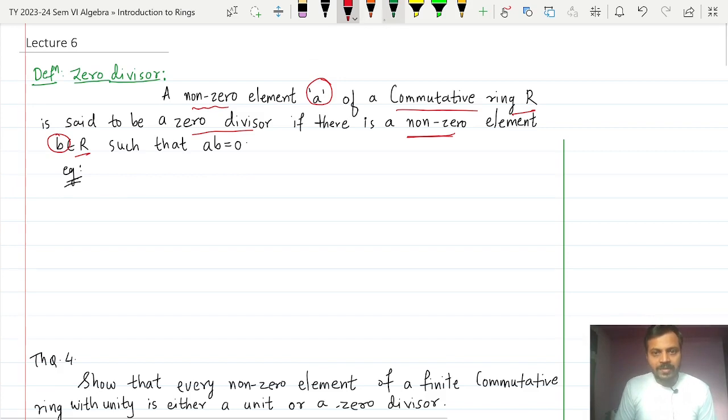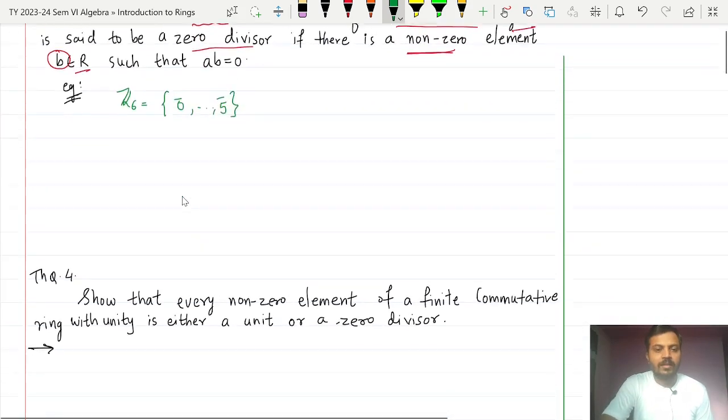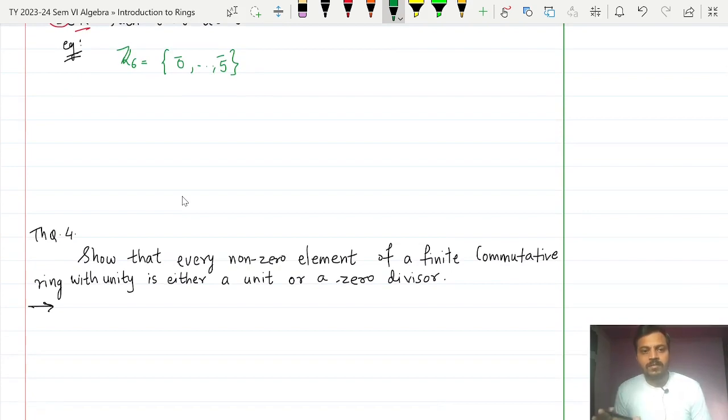So in order to understand it, let us take an example. We have Z6, right? So Z6, the elements are 0 bar up to 5 bar. Now what are the non-zero elements of Z6? Because a zero divisor is actually a non-zero element. So the non-zero elements are 1 bar, 2 bar up to 5 bar. Now out of these, let us check which are the zero divisors.